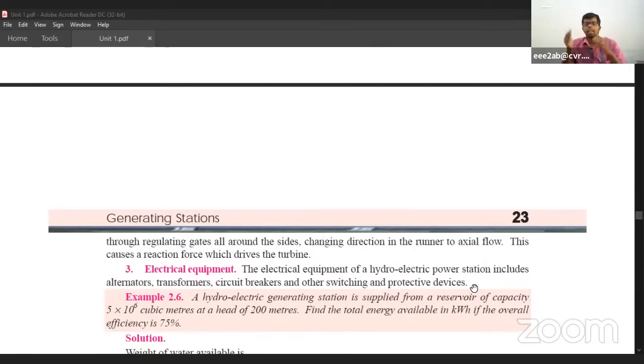There you will find the pole mounted transformer. What is the rating of the pole mounted transformer? Have you found out?